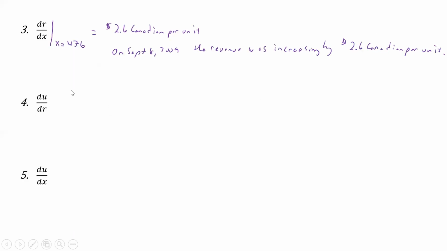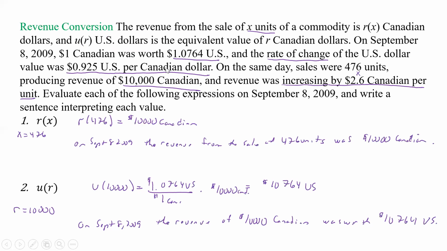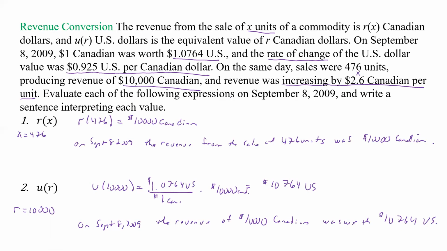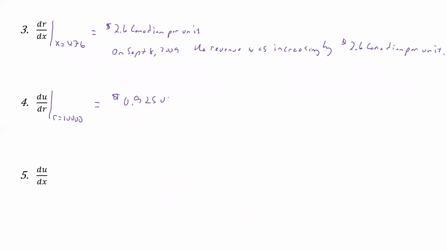Now dU/dR, well, that was when we plugged in the 10,000 Canadian. It was changing at 0.925 US per Canadian dollar. That was the rate of change. Here now R, we said it was 10,000 Canadian, but it was changing at 0.925 US per Canadian dollar.